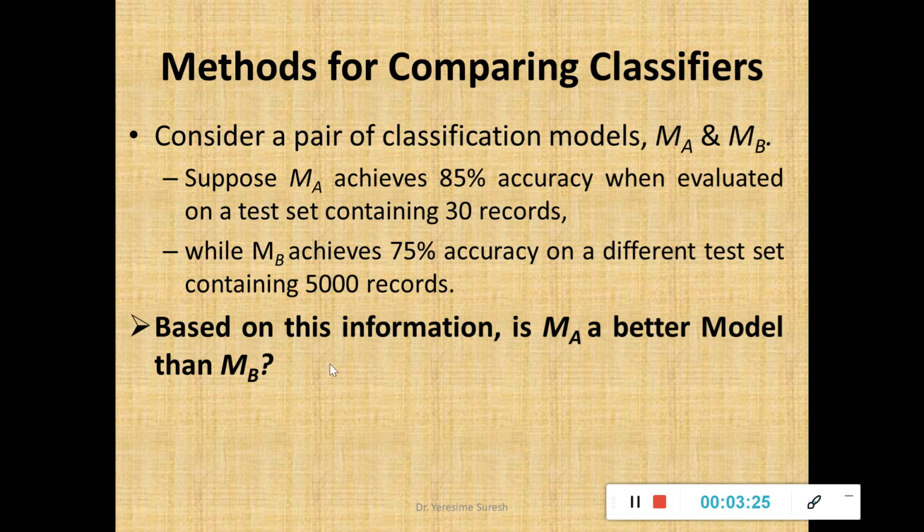So just like the previous example, if I ask you to select between MA and MB, you will obviously recommend model A with 85%, because model B has only 75%. But this 85% accuracy has been achieved for 30 records, whereas model B has achieved 75%, 10% less in comparison to model A, but this has been achieved for 5000 records.